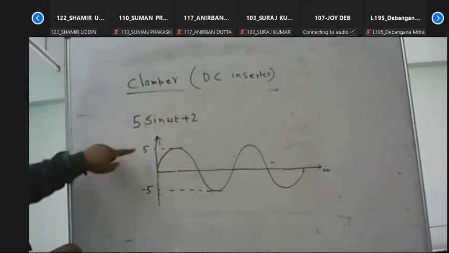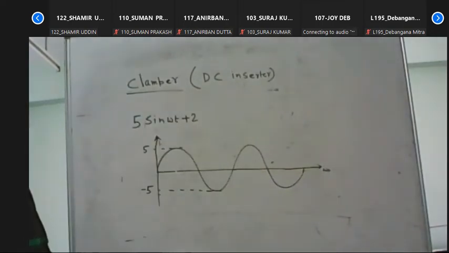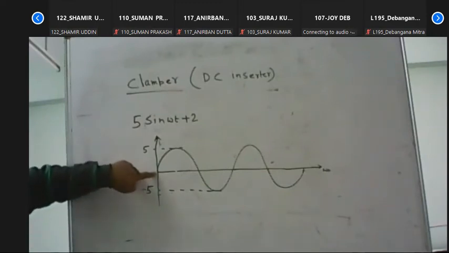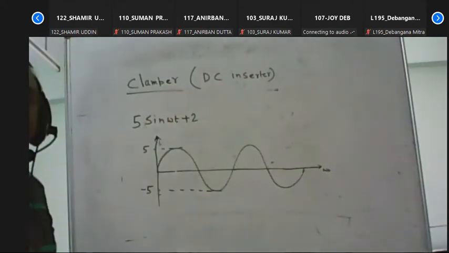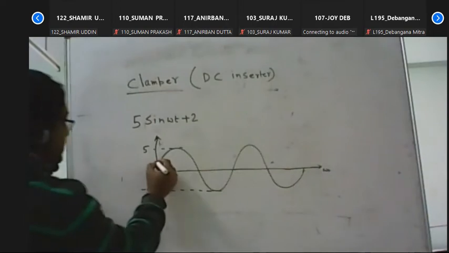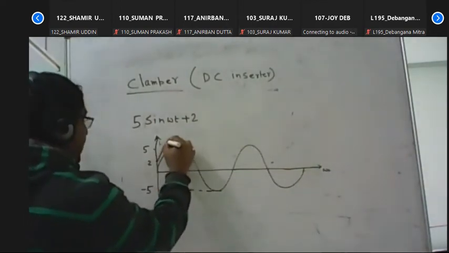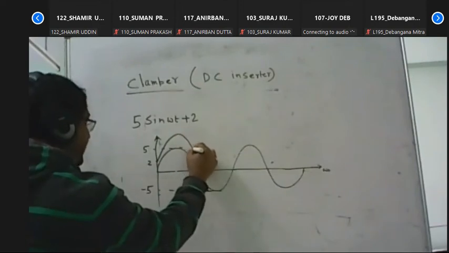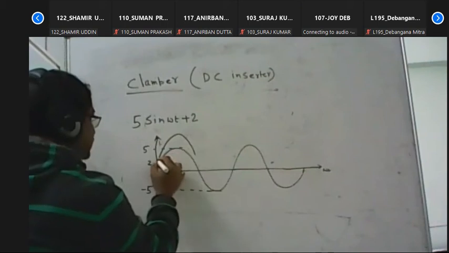And the maximum value of the input signal becomes 5 plus 2, that means 7. And when the input signal value is 0, it is shifted to 0 plus 2. That means it will start from 2. So it will start at 2 and then the waveform has the same pattern.